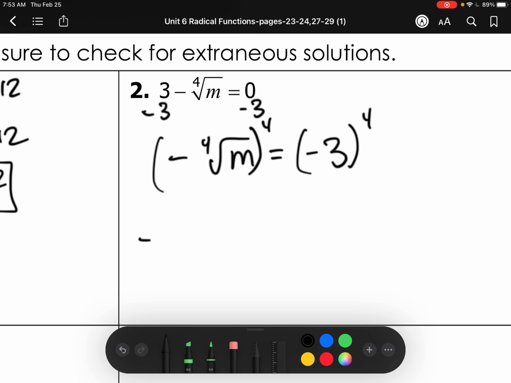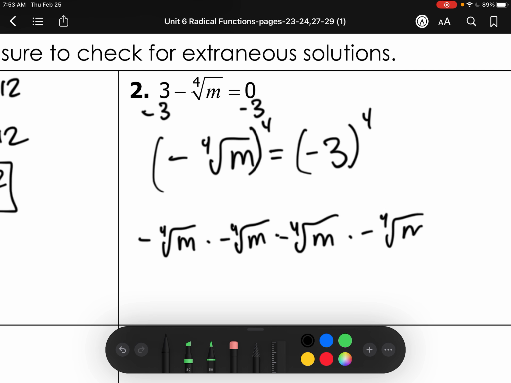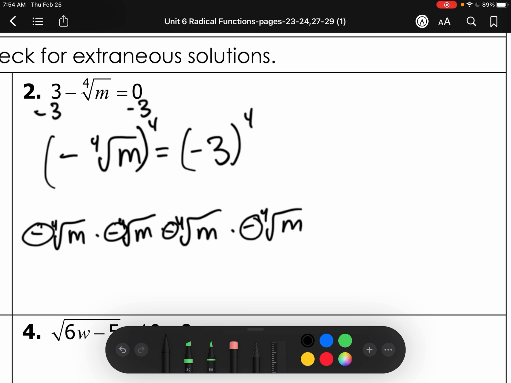When we're raising negative 4th root of m to the 4th power, we have negative 4th root of m times negative 4th root of m times negative 4th root of m times negative 4th root of m, and this is going to essentially eliminate our index. But what's also going to happen is negative times a negative is a positive, times a negative is a negative, times a negative is a positive. So when we multiply these 4 together, we get positive.